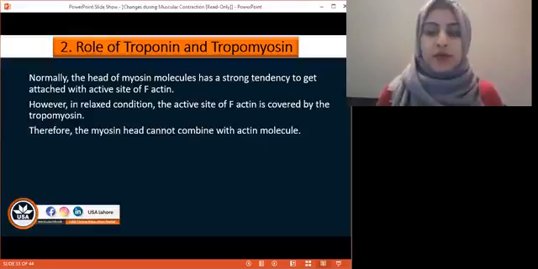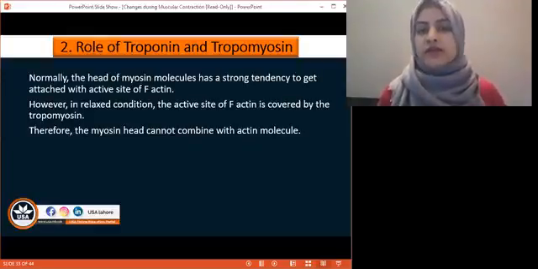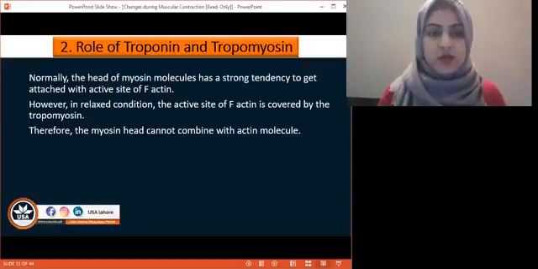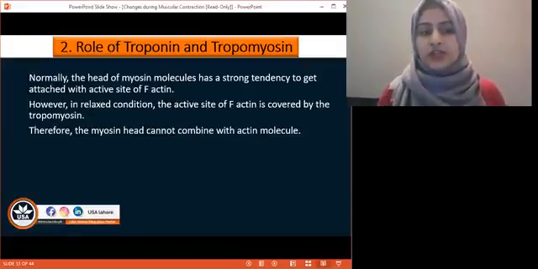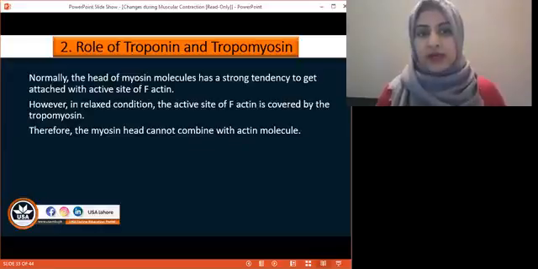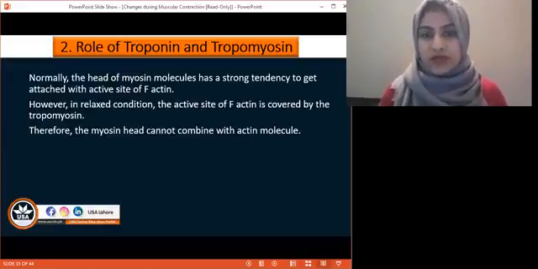But if the condition is a relaxed condition, the active site of F-actin is covered by tropomyosin, and it won't expose itself.